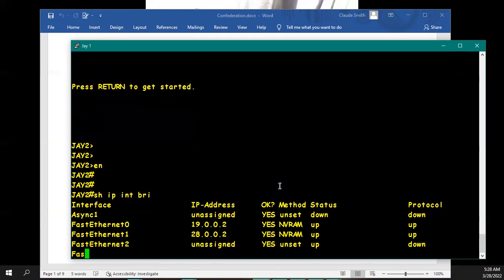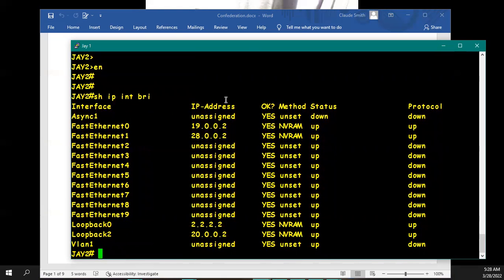and you can see clearly the 19 network, which I described, going out to the external BGP speaker, and we have the 28 network, which connects to our internal brother router. And we have the network that we're going to use as a mock network, our 20.0.0 network.